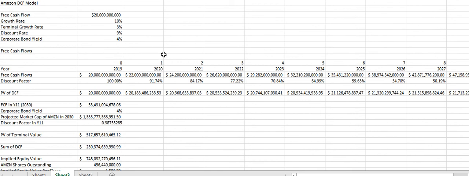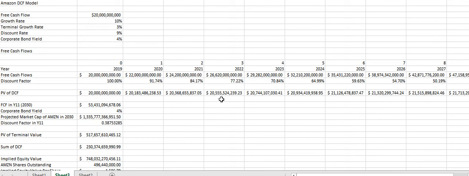Now, keep in mind these projections can be very sensitive to the inputs that you put in here. But I think it gives you a great sense of how to value a stock, so just be mindful of what kind of inputs you're putting in. And again, I think they work best for companies that have a long-term track record of generating stable cash flows.